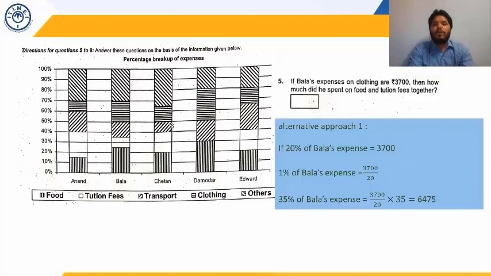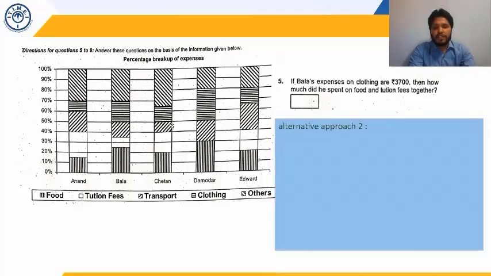Or again we can do it by one more alternate approach. If 20% of Bala's expense is 3700 rupees, then we can find out the 40% of Bala's expense. What is 40%? Double of 20%. So double of 3700 is going to be 7400.